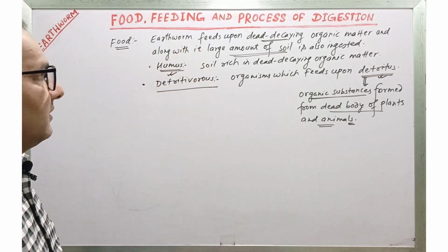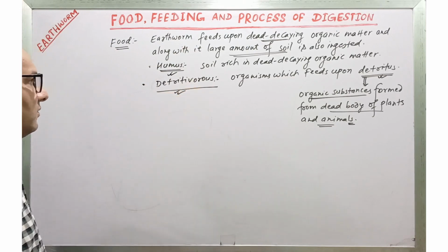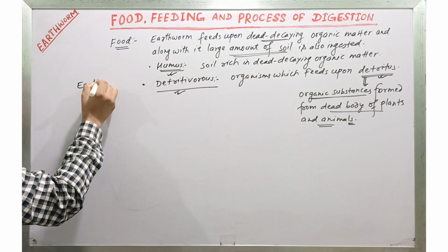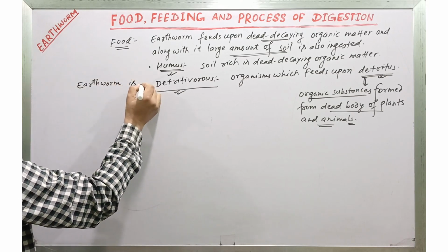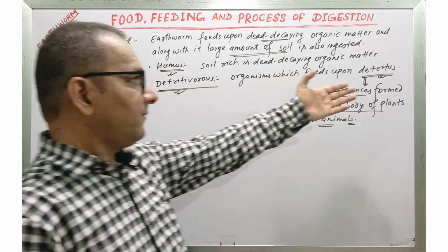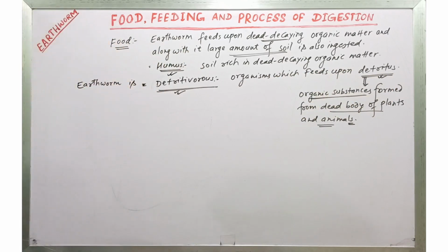From these points we came to know that earthworm is detritivorous. Let's write here. Earthworm is detritivorous, means that it feeds upon detritus, and detritus means the organic substances which are formed from the dead body of plants and animals.